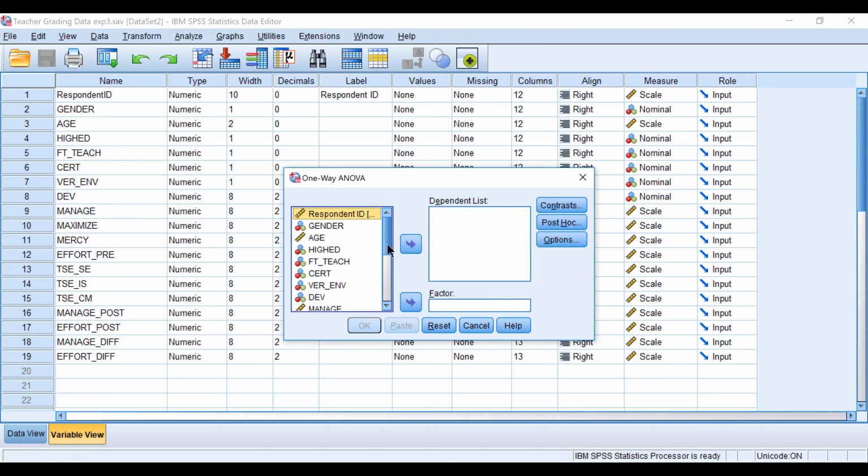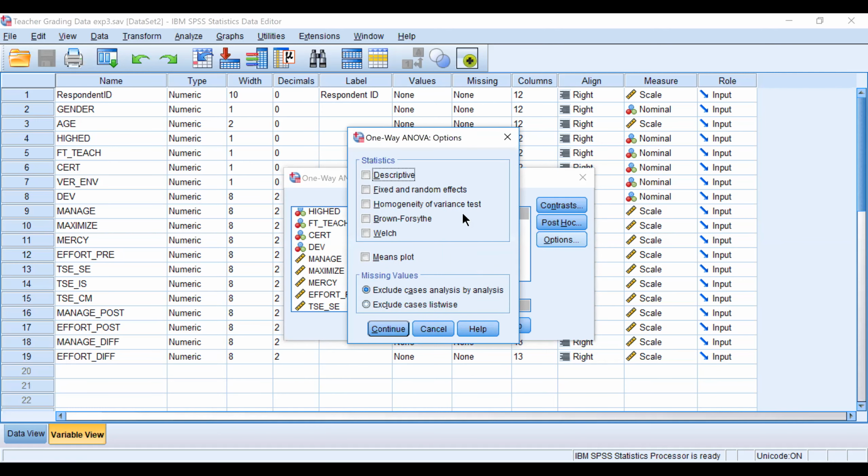We are trying to predict how much they condone the inclusion of effort as part of a grade. And we are looking to compare that attitude among three groups, the groups that have been assigned to these different conditions. And so basically it's very simple to do this.